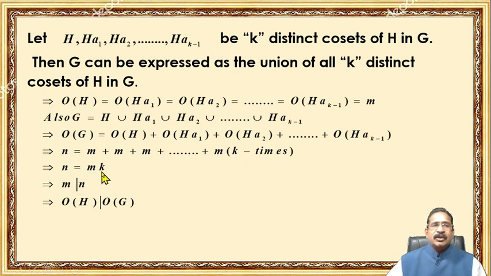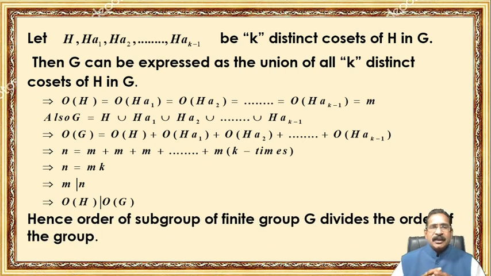So n is equal to mk. So n can be expressed as a multiple of m. So we conclude that m divides n. What is m? Order of H. What is n? Order of G. So order of H divides order of G. Hence the order of a subgroup of a finite group G divides the order of the group.